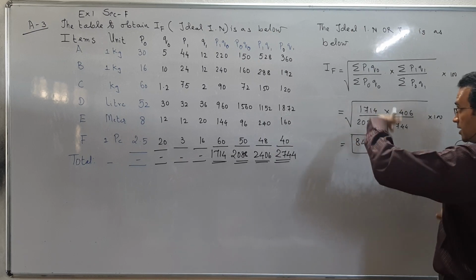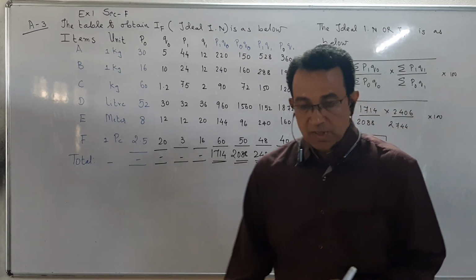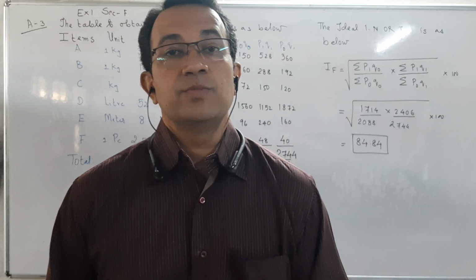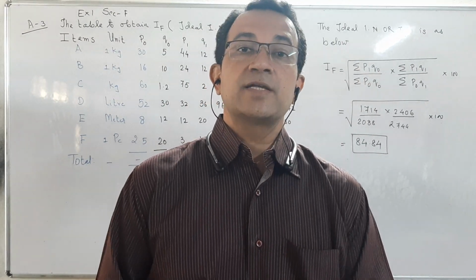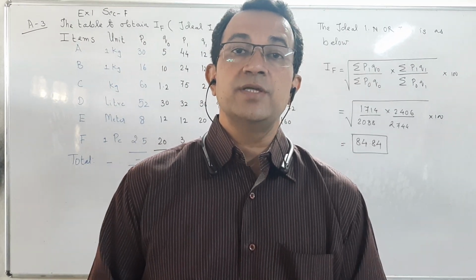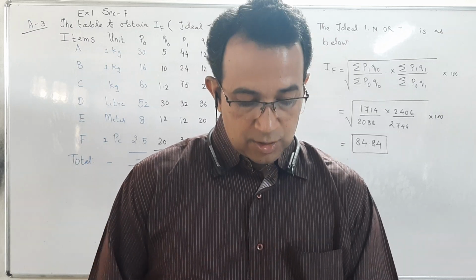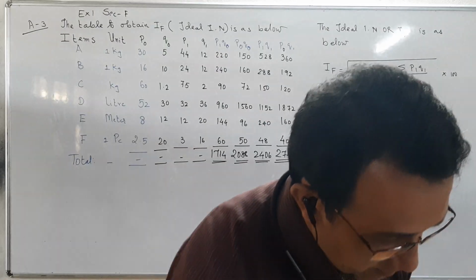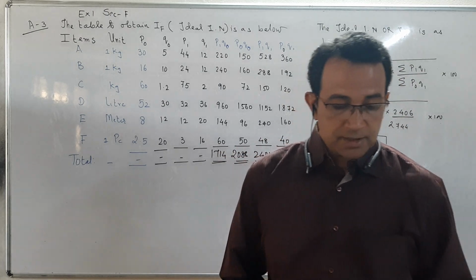First time we have got an answer below 100. It means that economy is sound. If index number decreases, students, then economy is sound. So this completes our question number 3.